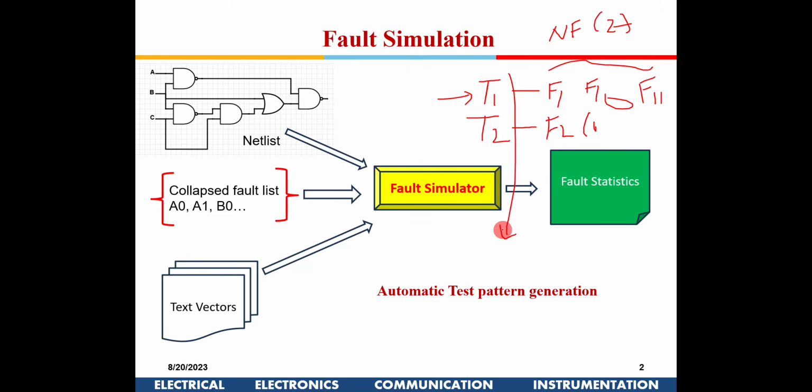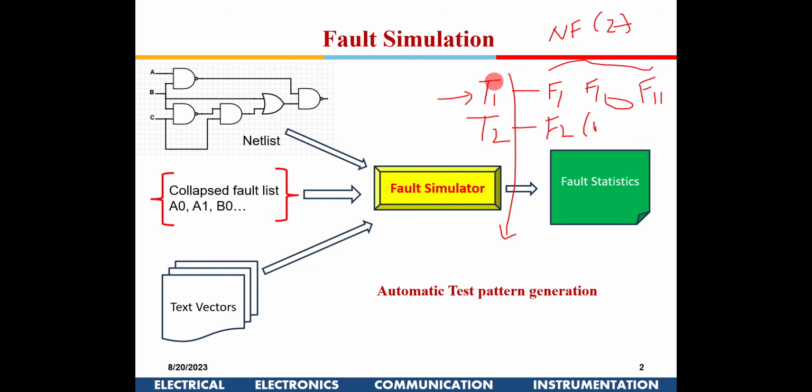For every fault node there could be a fault site with two faults, stuck at 0 or stuck at 1, but 2 into n, where n is the number of fault sites, may not be the entire fault list because it will be collapsed. And for each fault there may not be a corresponding test vector, because each test vector may detect multiple faults, so the number of test vectors will be still lesser.